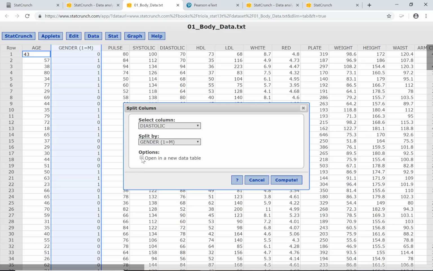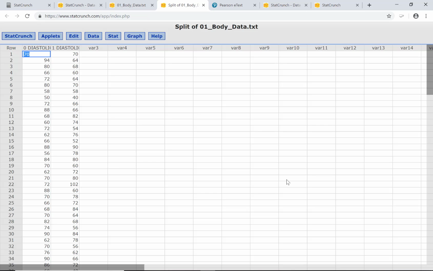Let's open it in a new data table. Great. So here in my first column are my diastolic readings for women. In the second column are diastolic readings for men. That's exactly what I want to do.